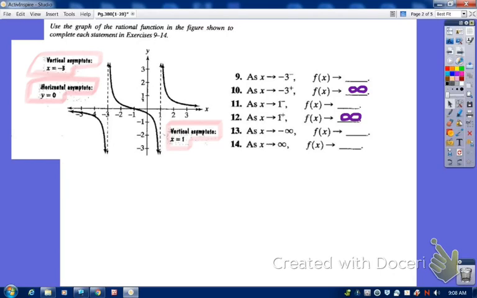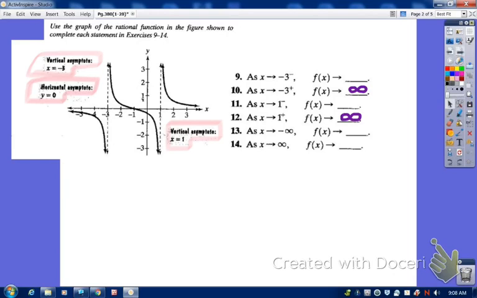All right, number 14 says, as x approaches positive infinity. Now, when you do positive and negative infinity, you don't have to say from the left or the right, because if you're approaching positive infinity, you're approaching from the left. If you're approaching negative infinity, you're approaching from the right.